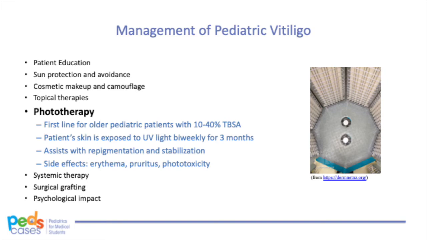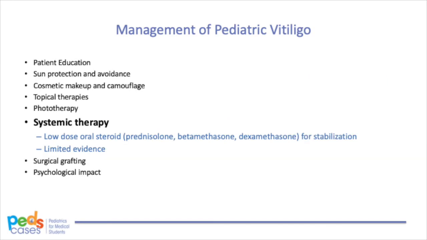Low-dose oral steroids including prednisolone, betamethasone, and dexamethasone can be used in the stabilization of rapidly worsening disease, but the current evidence is limited. It is not a repigmentation therapy, therefore it is often used in combination with narrowband UVB therapy.